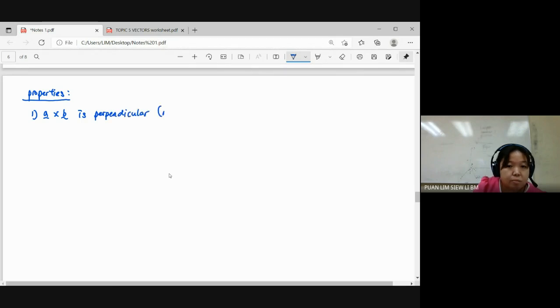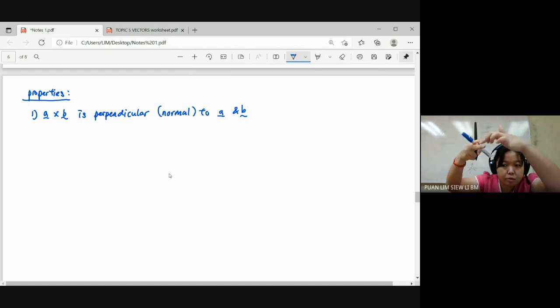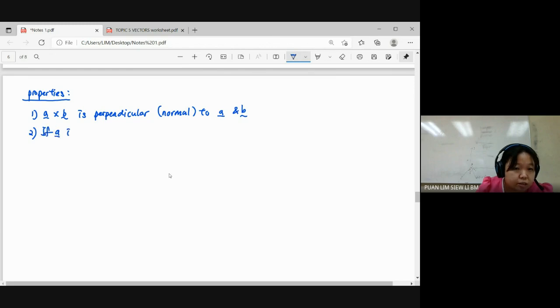What does perpendicular mean? It means normal to vector A and vector B. So the result of A cross B is always perpendicular to vector A. So you can see this is your vector A and this is your vector B. So that will be your first property in using our cross product. So if A is parallel to B, our cross product will equal 0.